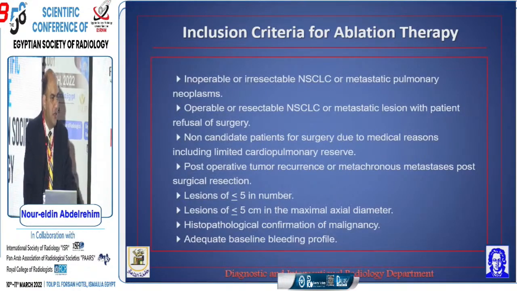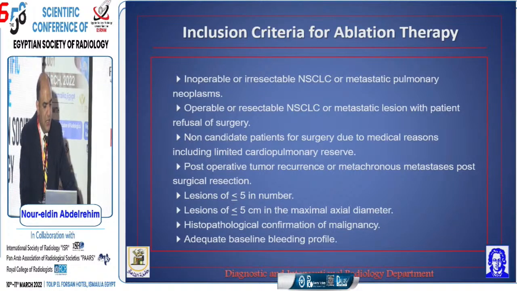The inclusion criteria for ablation therapy are: inoperable or unresectable primary lung cancer, or other cases including metastatic disease, and non-candidate patients for surgery due to medical reasons like pulmonary fibrosis or limited pulmonary reserve. The number of lesions is up to 5 per lung, and lesion size is less than 5 centimeters in axial diameter.